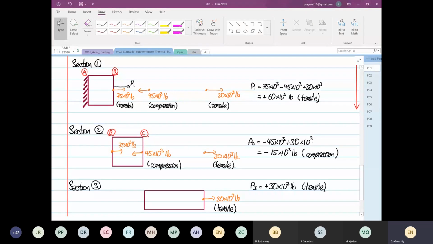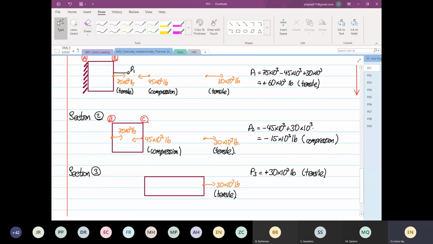Then you divide based on the different material cross-sectional area. You use the largest number of division. Right. So from here we know that A to B we have tensile, B to C is compression, and finally from C to D, it's under tensile.